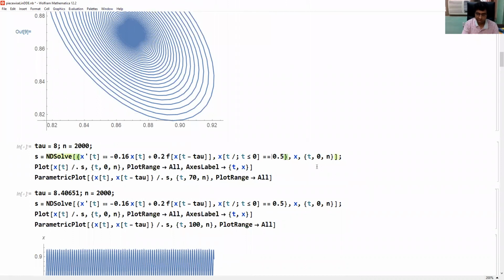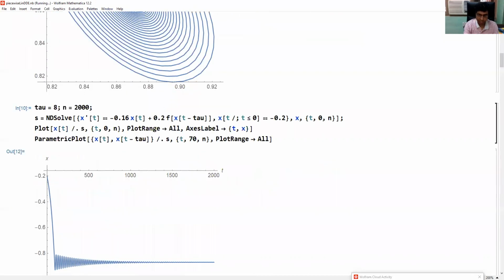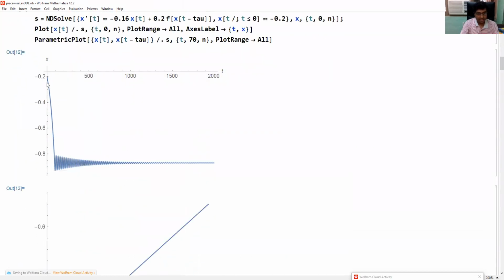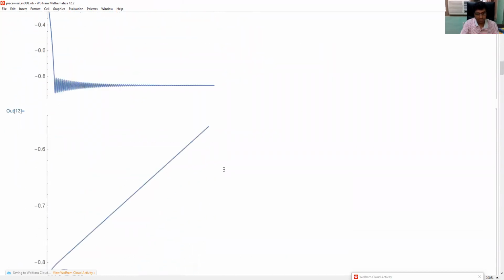So instead of initial condition 0.5, we take minus 0.5, not necessarily minus 0.5. Let me take minus 0.2. Okay, it may be minus 0.5. We can see that this is converging to minus 0.87.